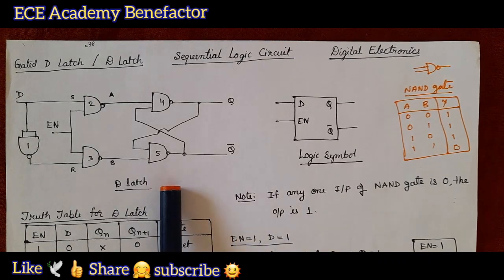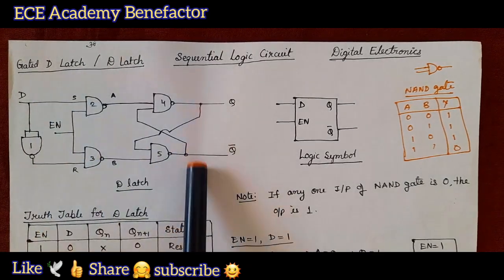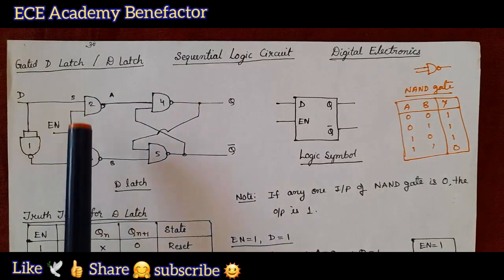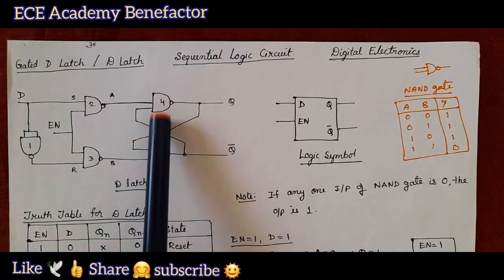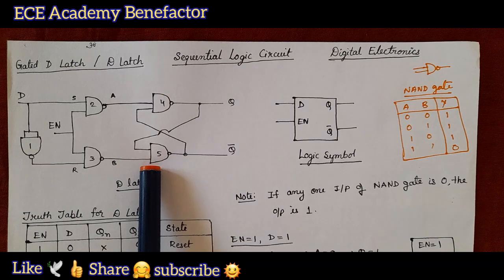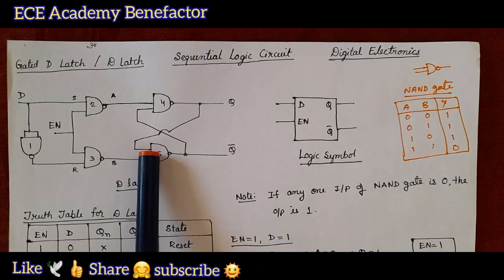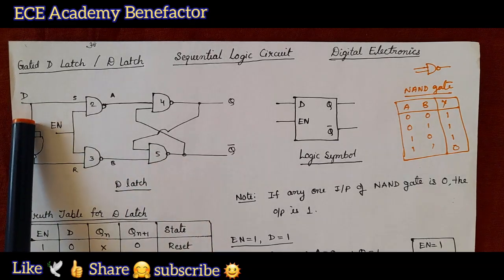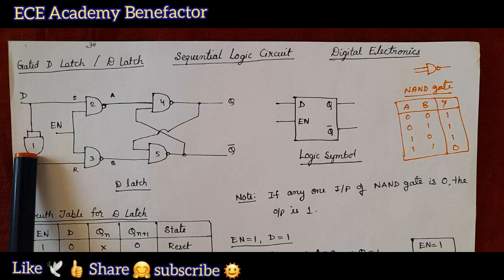We are familiar with SR latch. This is a diagram of SR latch having 4 NAND gates, S, R inputs, and then cross coupled with these 2 NAND gates. The modification of this SR latch is we are connecting one extra input known as D, and it is connected to a NOT gate.